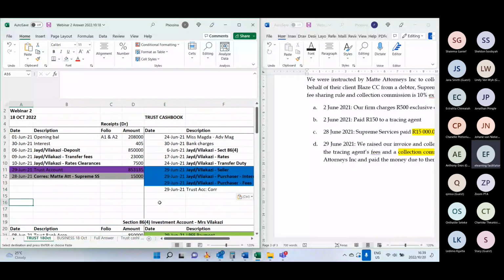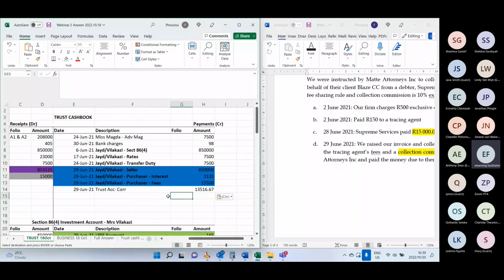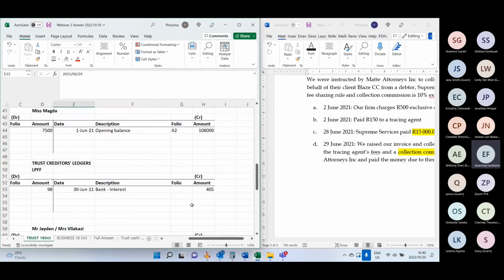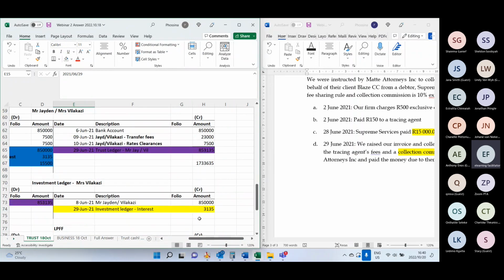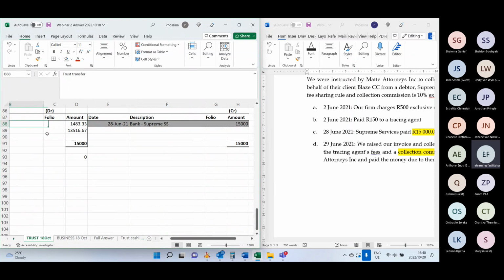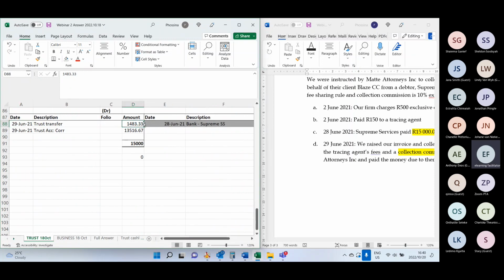And now we have to transfer our fees. For us to transfer our fee, we've already calculated it, and we said it's not our fee only, we are transferring our fee plus our disbursement because we've disbursed. So the amount that we are transferring is this one, 1483.33.